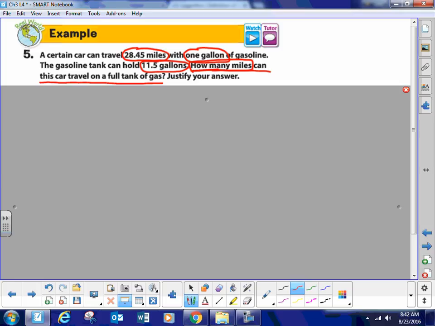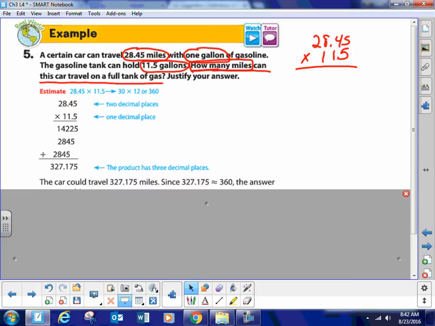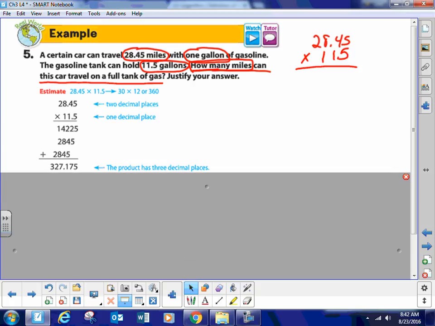So we need to set up the problem. 28.45, sorry, times 11.5. And we do the multiplication. And look, we did it. Okay?